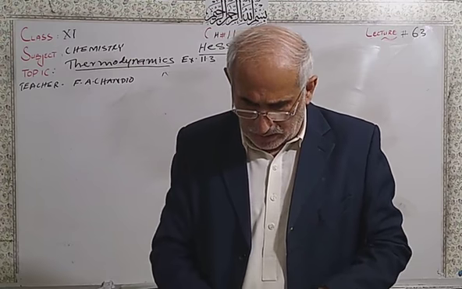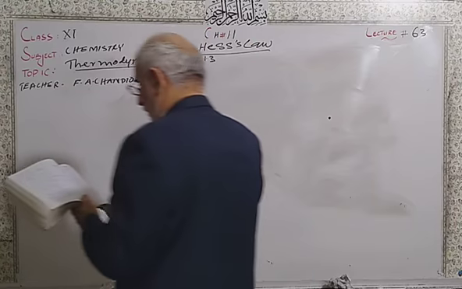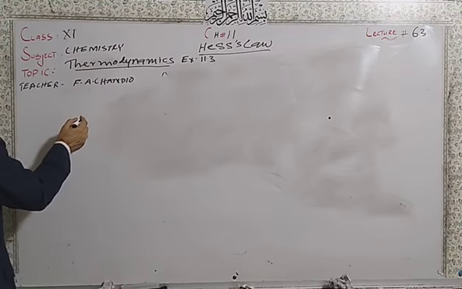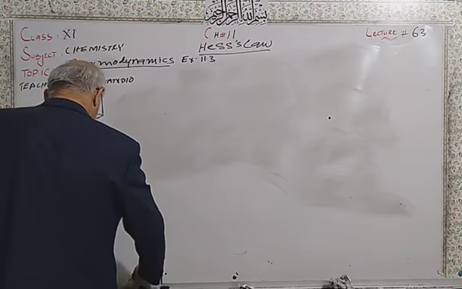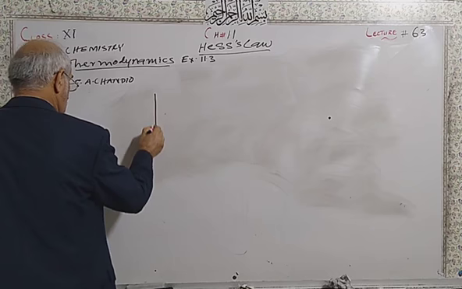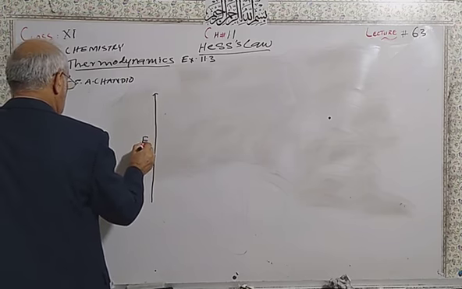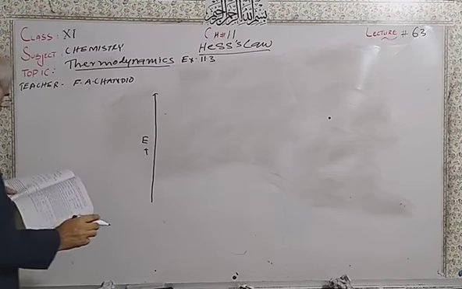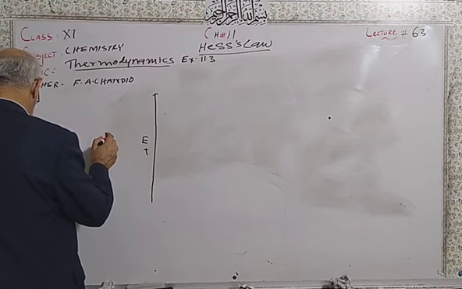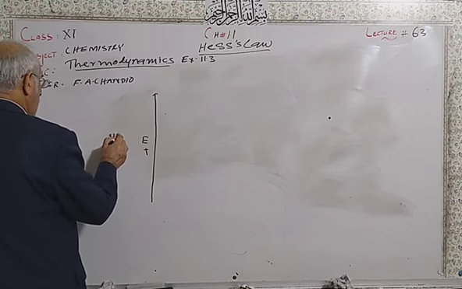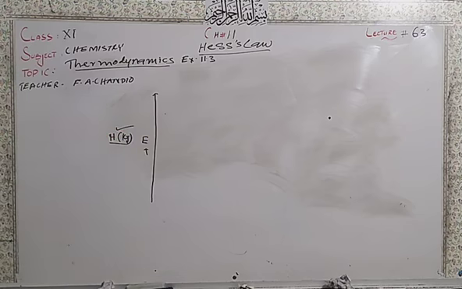So according to the potential energy diagram of example number 1, we call it an energy cycle. This energy increases from bottom to top, or you can say enthalpy change in kilojoules.